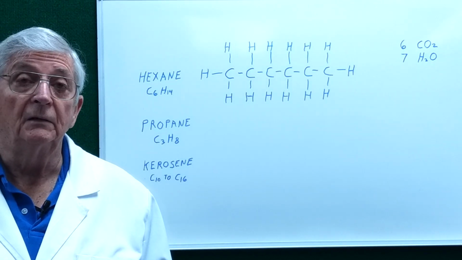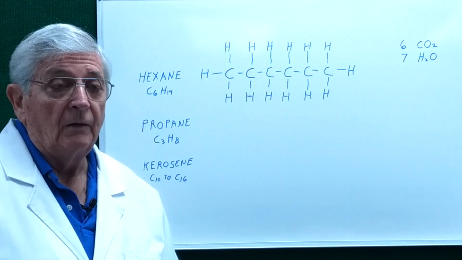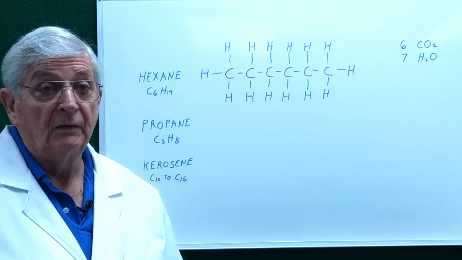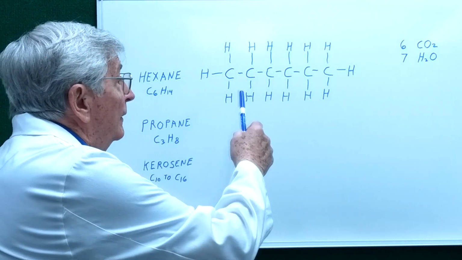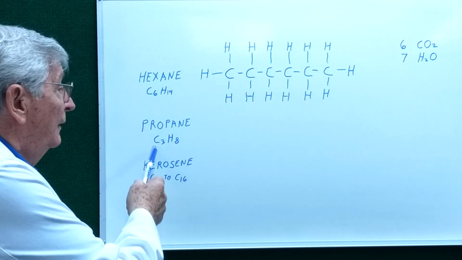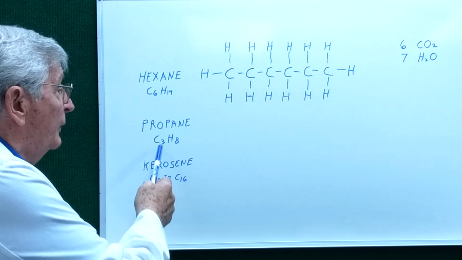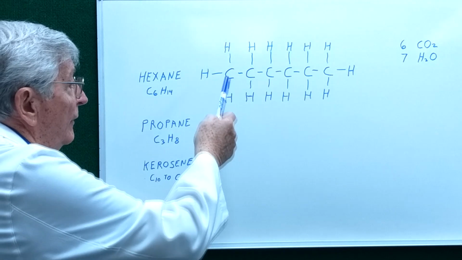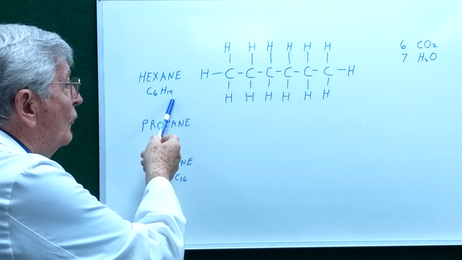Okay, here's a little chemistry. We burn hydrocarbons to produce energy in a lot of different things. Propane, which we're probably familiar with, has a formula C3H8. So it's 3 carbon atoms and 8 hydrogen atoms. This is hexane, which is C6H14.